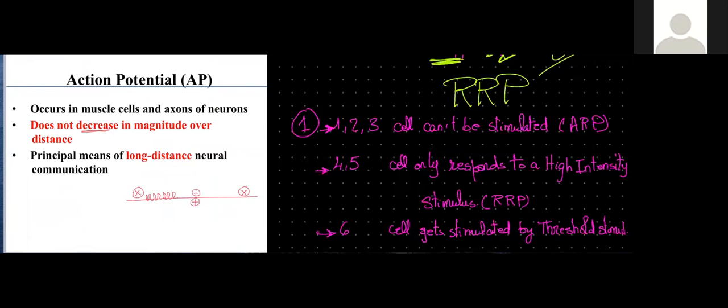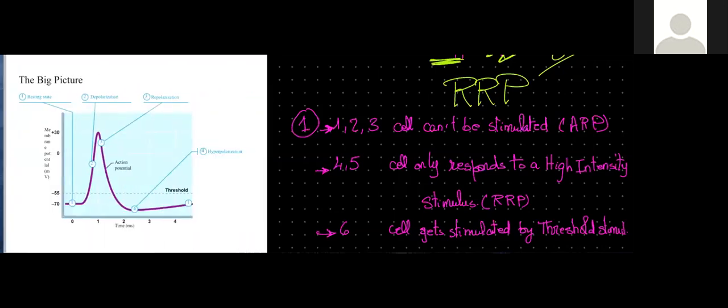It has the same magnitude throughout the length of the nerve fiber. This is going to be the type of signals that you're going to be conducting for long distances along your nerve cells.